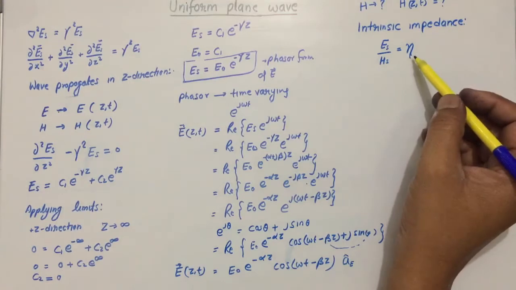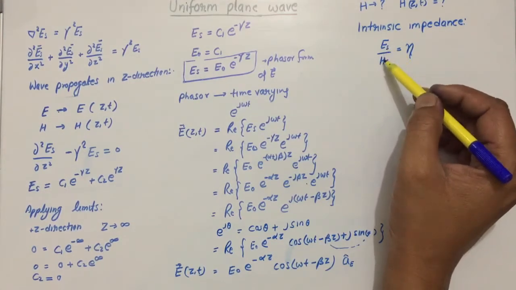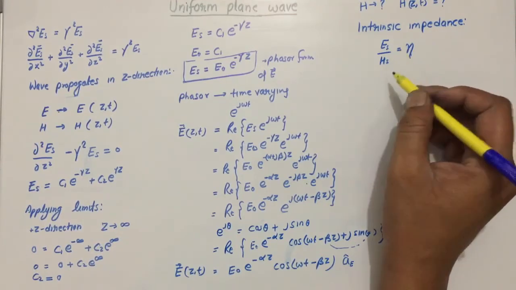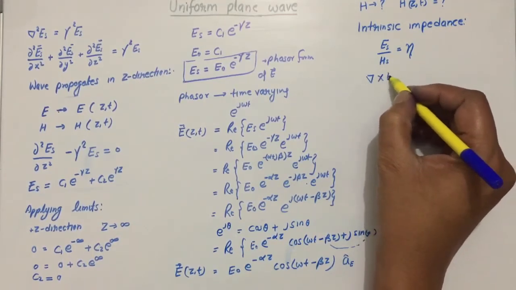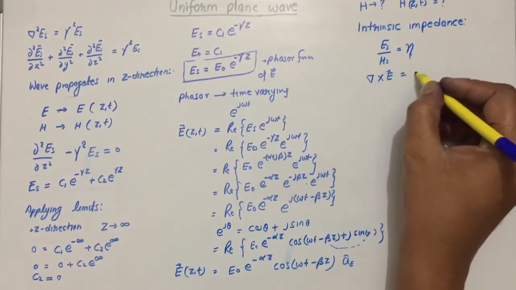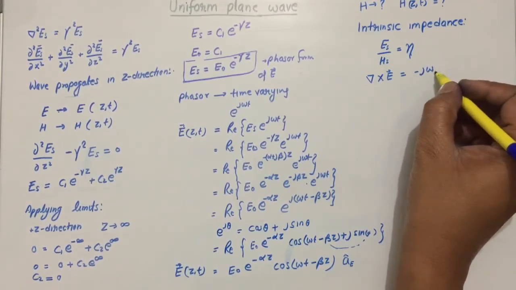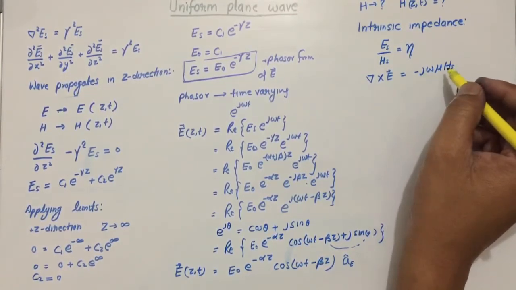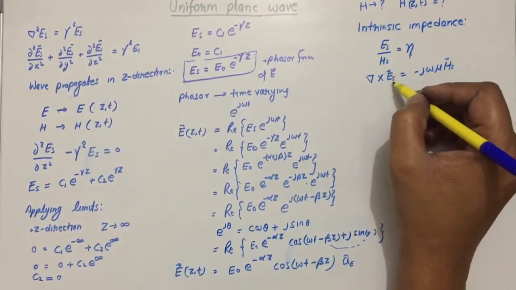Now to find the intrinsic impedance, there should be a relationship between Es and Hs, and if we recall, there is the Maxwell's equation, curl of Es equals minus j omega mu Hs. If I am right, this is the Maxwell's equation in which the relationship between Es and Hs is given.